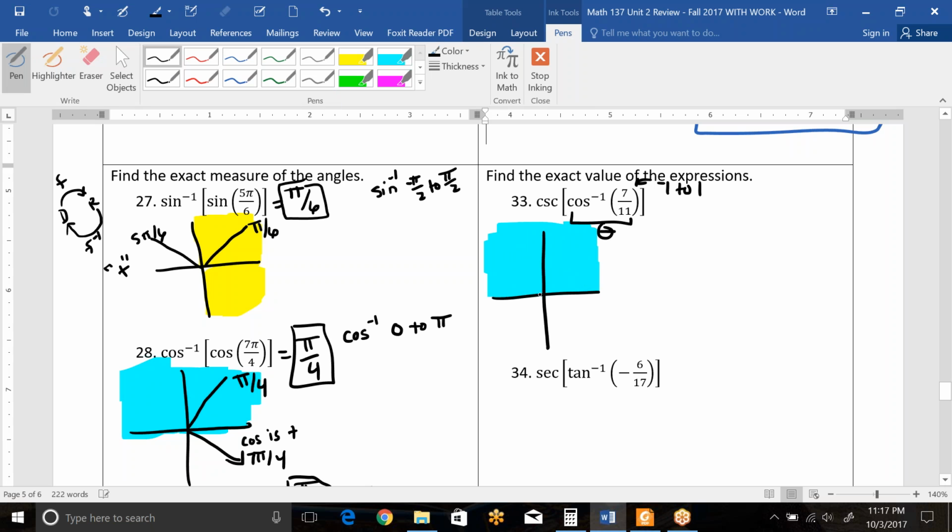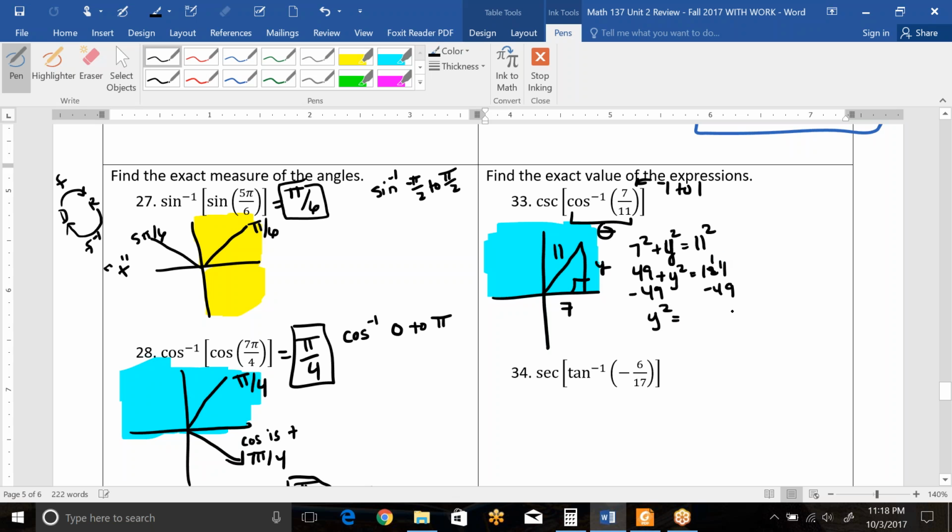And since it's positive, it's going to be quad 1. Cosine is adjacent over height. So now we have to actually find that y value. So this is 7 squared plus y squared equals 11 squared. That's 49 plus y squared equals 121. Subtract the 49.